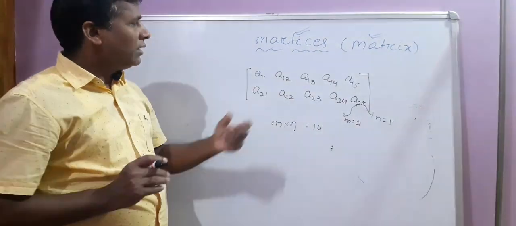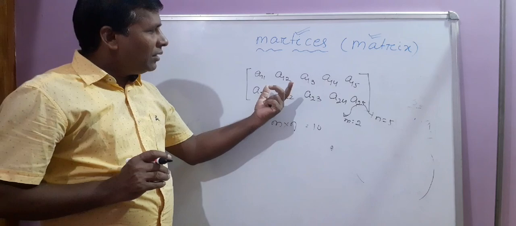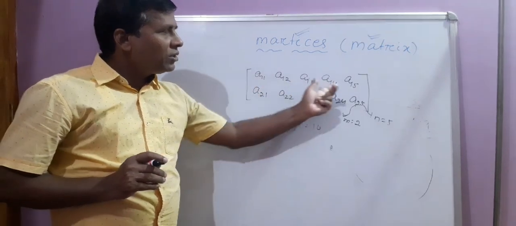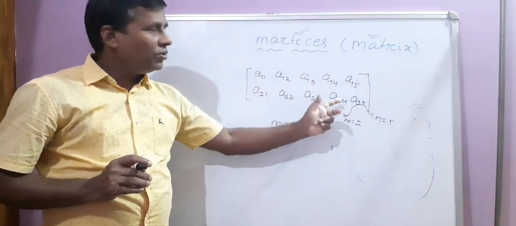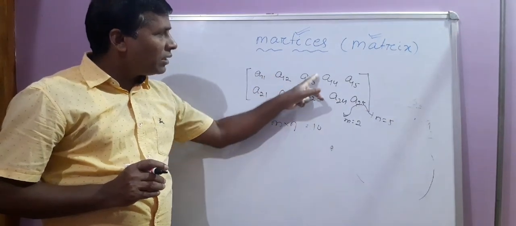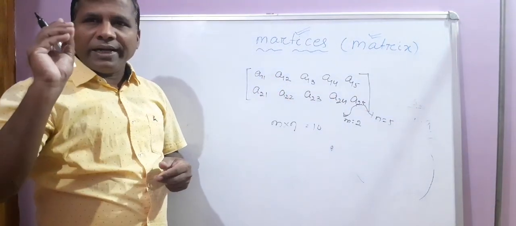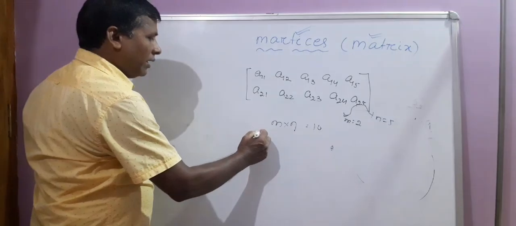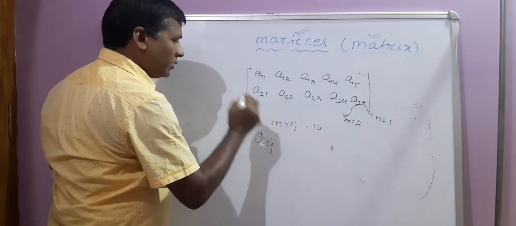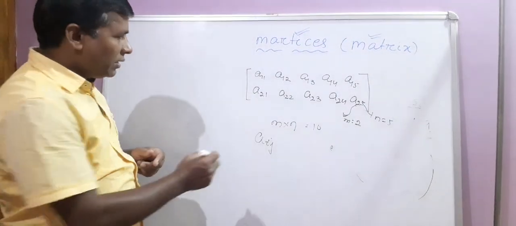So students, this line is a row and this line is another row. These are known as the columns. That is identified by the Aij system. What is ij?